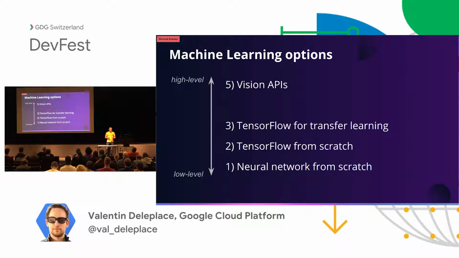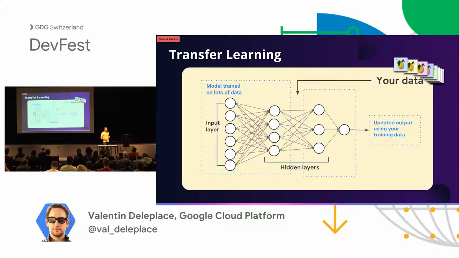Okay. Third option is to use TensorFlow for transfer learning. Have you heard of transfer learning? Just a few people. Okay. It feels like magic. I mean, it's really convenient. What is it about? It's about having a model, a neural network that is pre-trained with tons and millions of data, of pictures, of forms, many things. And then to get a custom model, you just train the last hidden layers on the right.